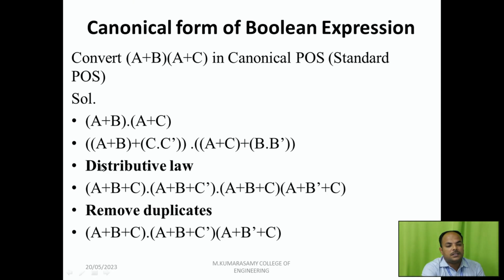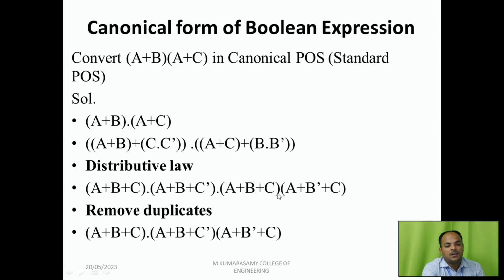Just multiply A + B again plus C, so you can write A + B + C. Then a product term: the next will be A + B + C bar, the second term. Then again a product: A + B + C. Again a product: A + B bar + C.